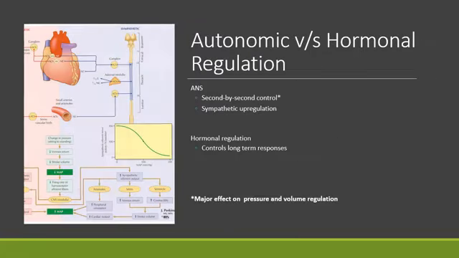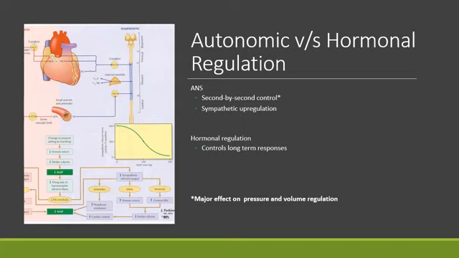Now, as I mentioned before, there's a variety of different mechanisms, the 3 mechanisms that are involved with maintaining and regulating blood pressure. And the ones that impact hypertension, typically we see the autonomic versus hormonal regulation. Those are the 2 common areas of concern when we look at trying to treat hypertension.